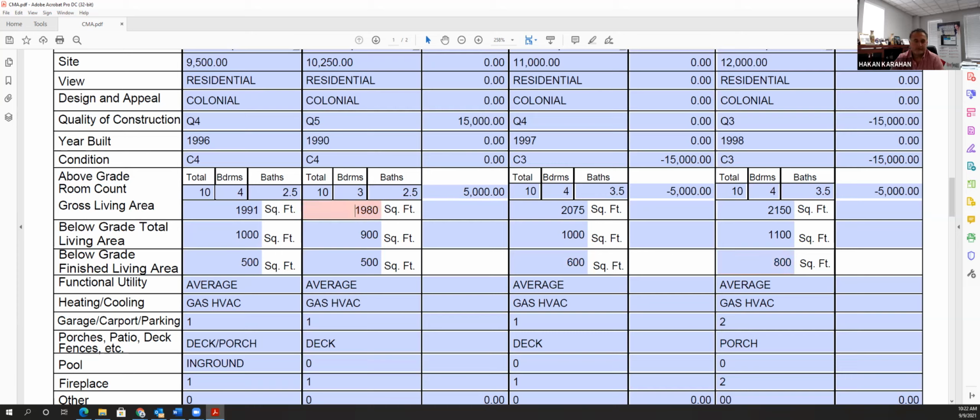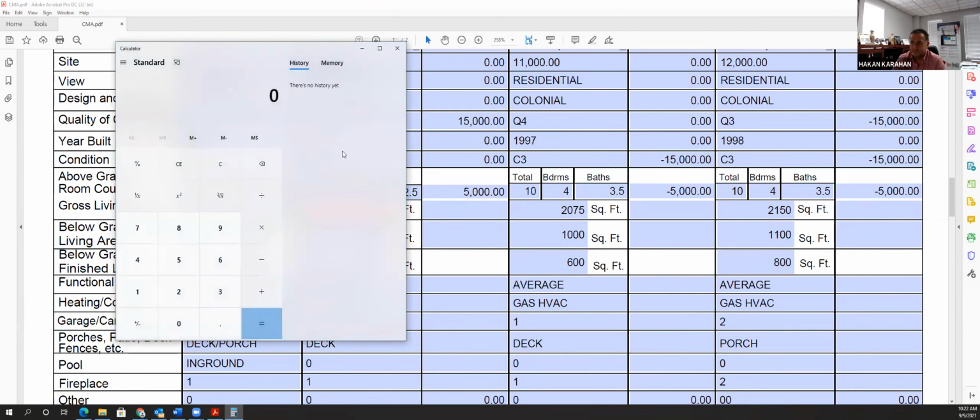Okay, so let me open my calculator app too. Do you see the calculator too or not? Yep. Okay.